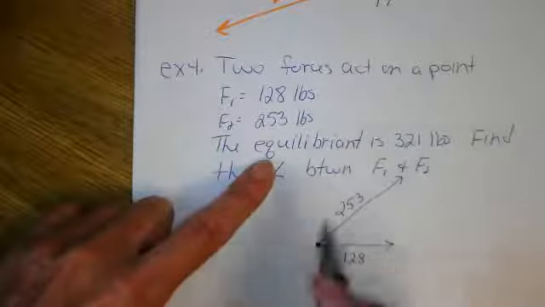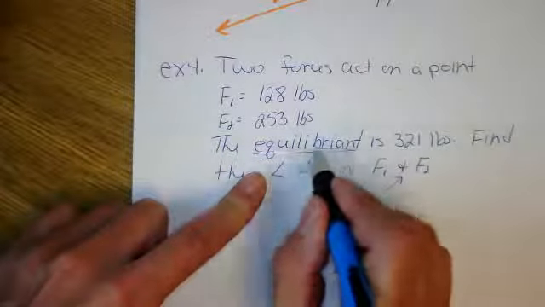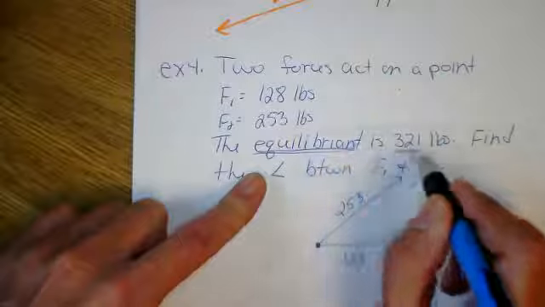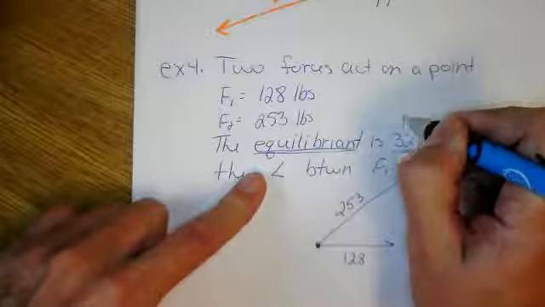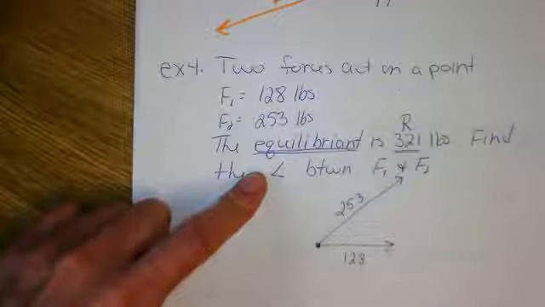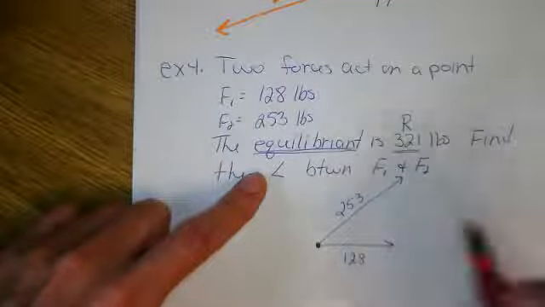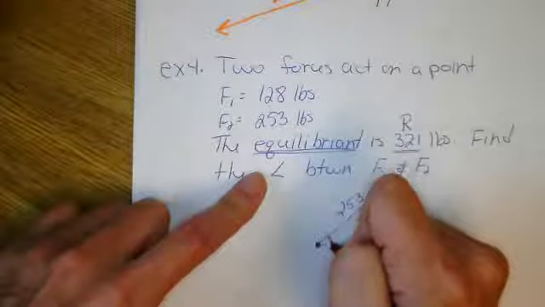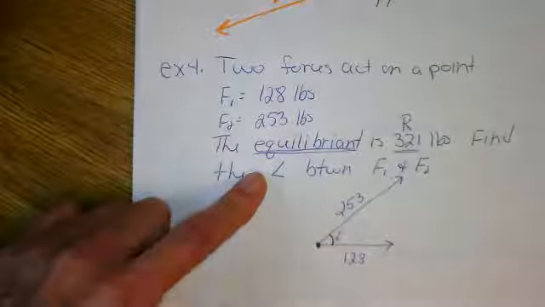And they give me the equilibriant, but remember, by being given the equilibriant as 321, I know that the resultant is also 321. So just keep an eye on the prize, though. First of all, our goal is to find this original angle between these two ropes. That's what we want to know. So we'll come back to that.